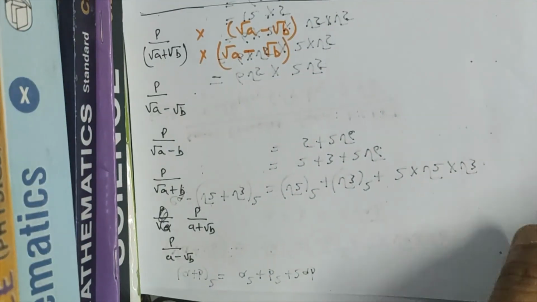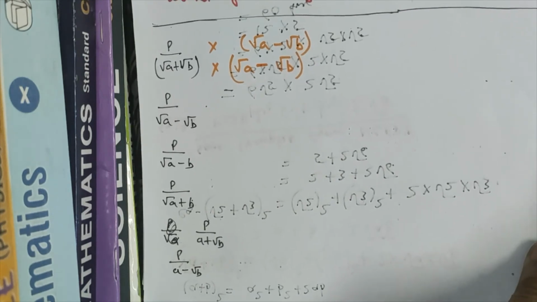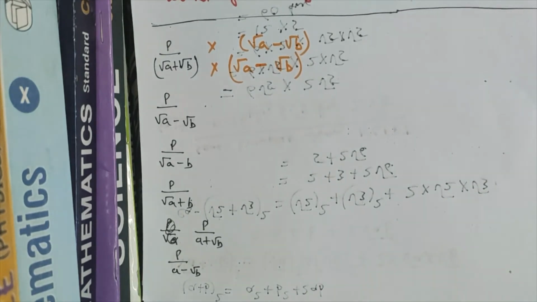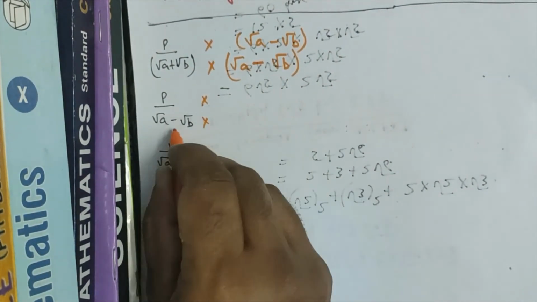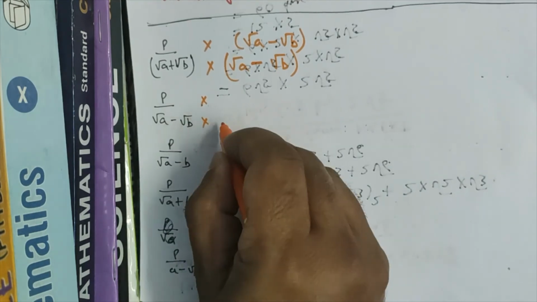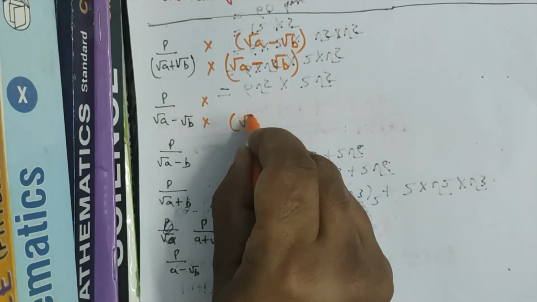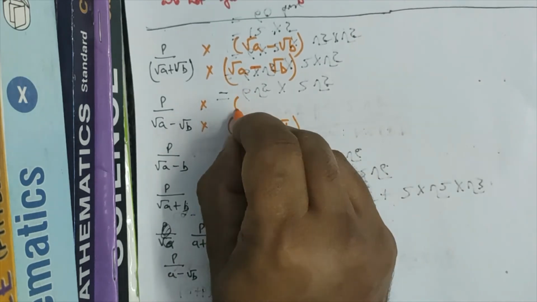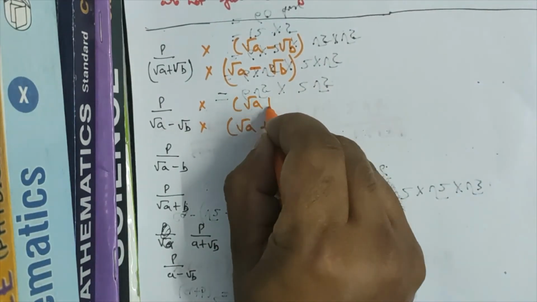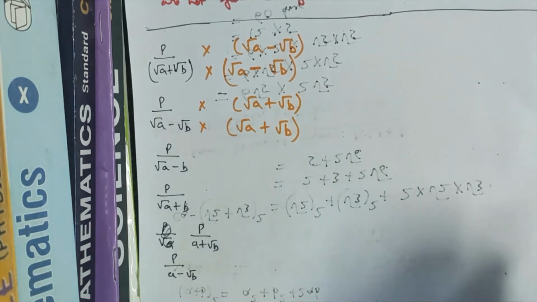Clear? If we are having p upon root a minus root b, here we are having a minus sign, so we will multiply with root a plus root b.